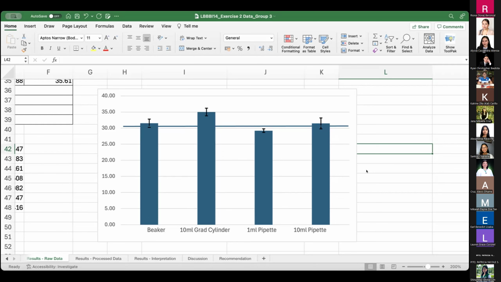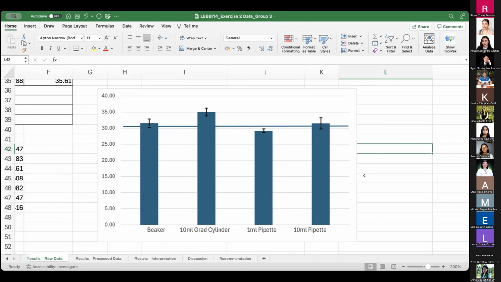Okay? So magandang complement yung true value line. And I hope all groups can use the true value line later on. Okay? So yun.